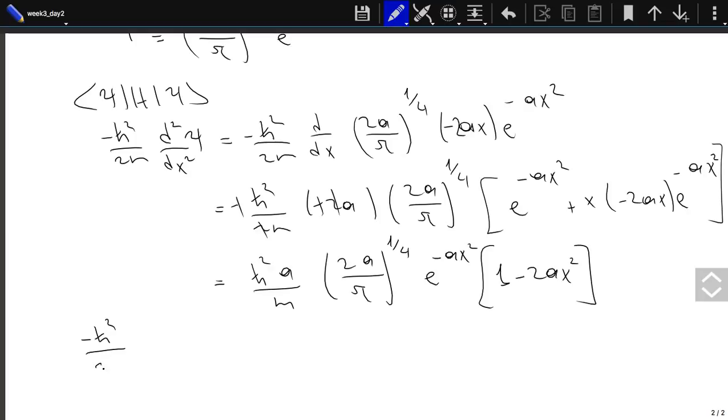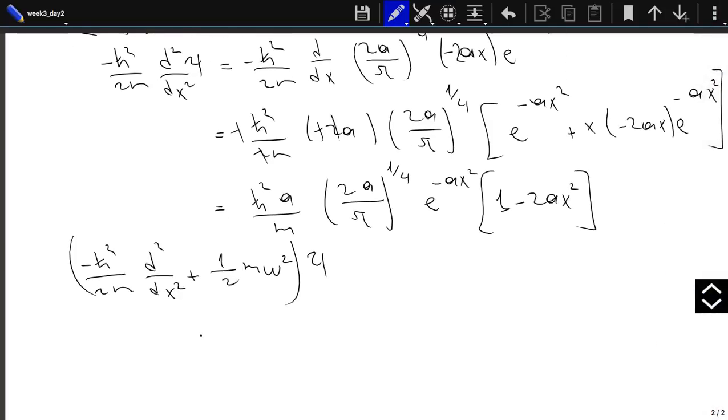So minus h bar squared over 2m del squared by del x squared plus 1/2 m omega squared acting on psi just gives me (2a over pi) raised to the power 1/4. This is common in both terms. Both terms have e to the power minus a x squared.